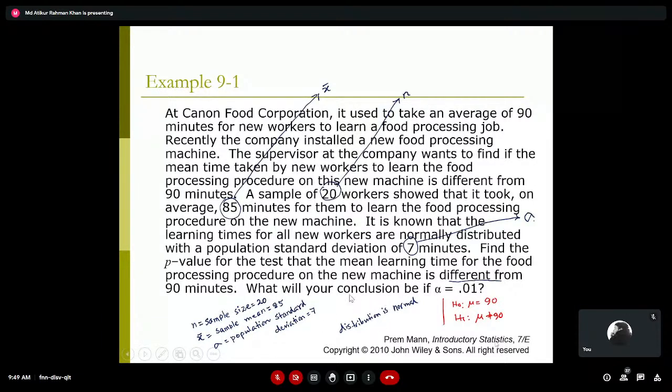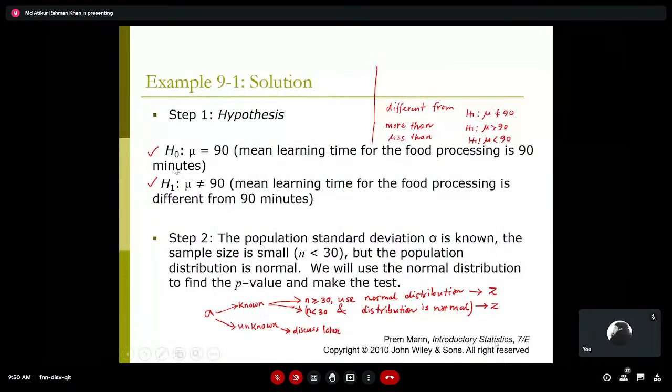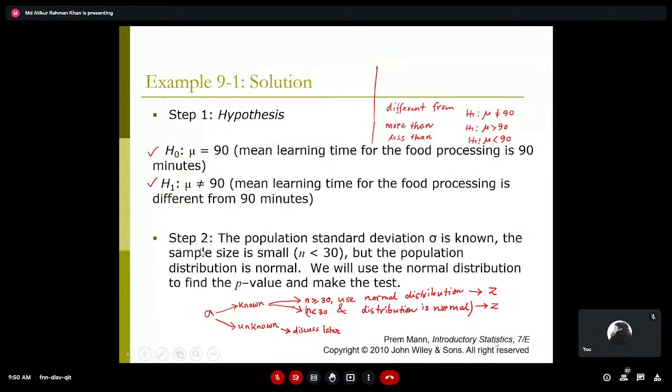Then we identified the hypothesis to test. In step 1, we define the null and alternative hypothesis. In step 2, we need to identify the distribution for this test.